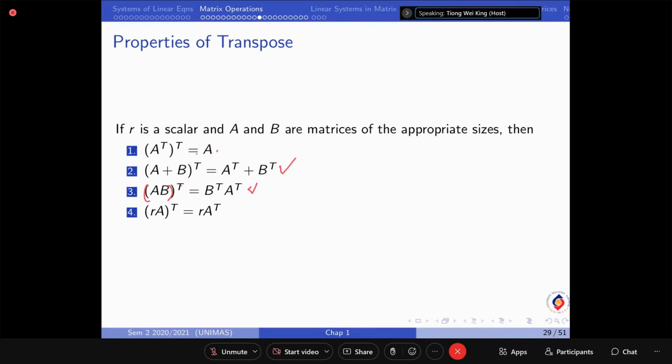It's not A transpose B transpose, but it is B transpose A transpose. And then number 4, (rA) transpose equals r times A transpose, meaning that the transpose does not have any effect on the scalar multiplication here. So that's why you get r times A transpose.